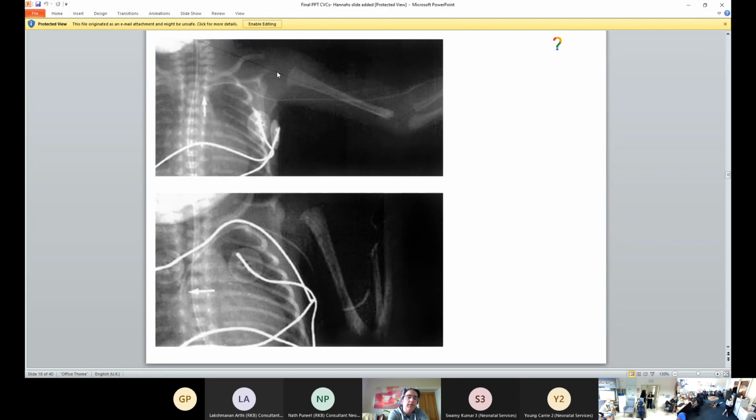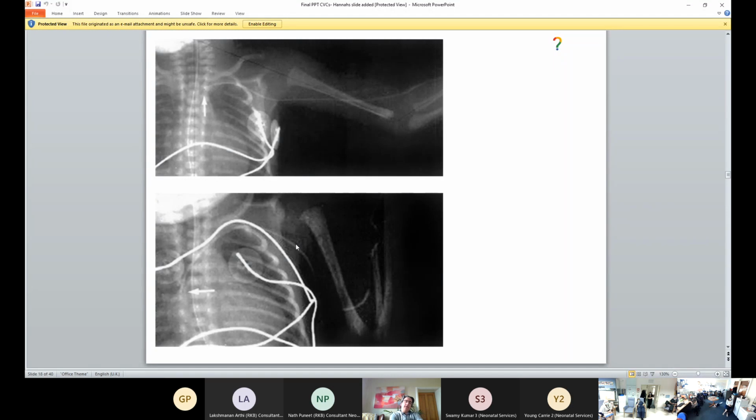As you see, while the arm is abducted, the tip was in the midline here. When they changed the position of the arm and adducted it, the tip went down to the right atrium.